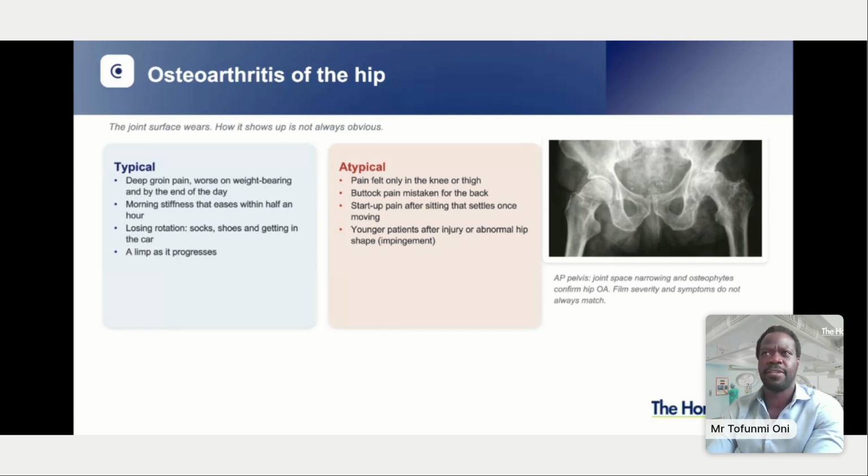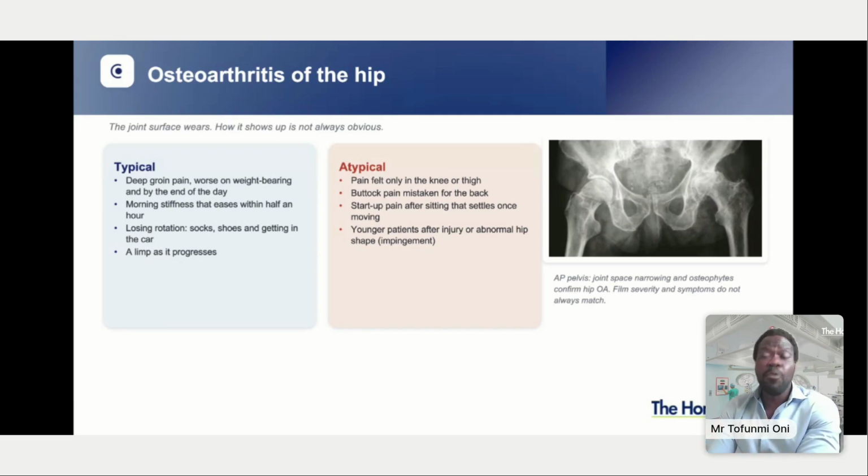So clear osteoarthritis. When a patient like that comes to see me in clinic, the typical presentation that I would expect is a deep sense of groin pain or inner thigh pain that's worse on weight bearing or activity, worse at the end of the day or at night time, which is extremely common because it's the culmination of the day's activities that build up to the night.